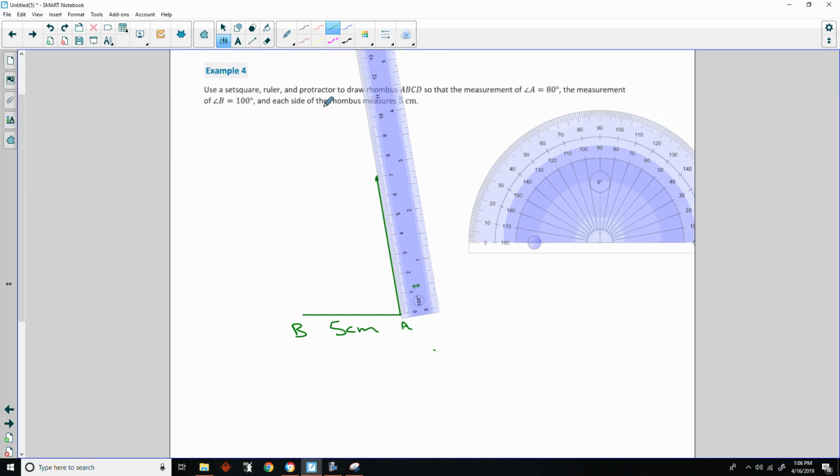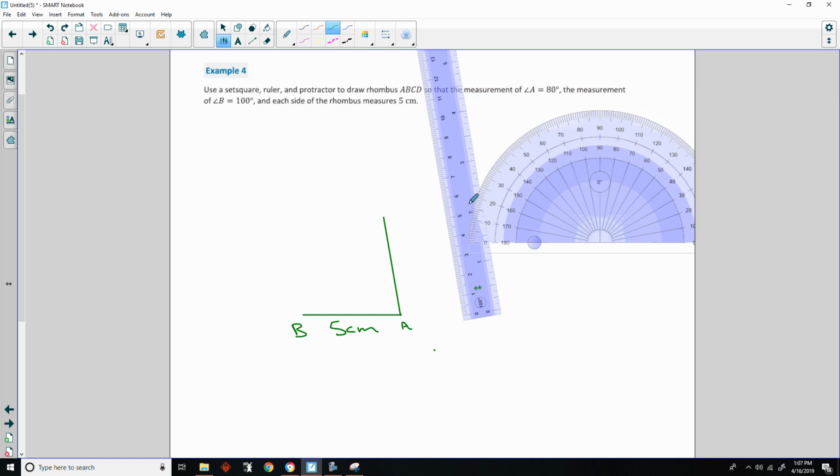Now keep in mind that it says each side of the rhombus measures 5 centimeters. So I don't want 7 centimeters, I want 5. So I'm going to erase this back to the 5 centimeter mark right there. There's 5 centimeters. And this is 80 degrees. So there's segment AB that's 5 centimeters long. There's segment AD that's 5 centimeters long. I'm half done. This is congruent to that.